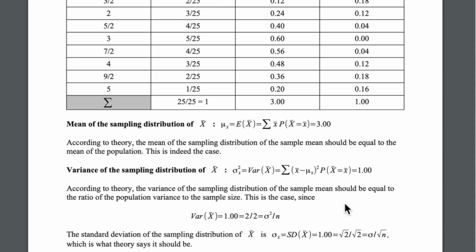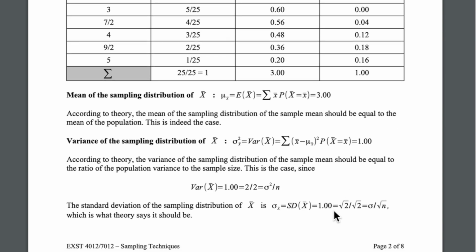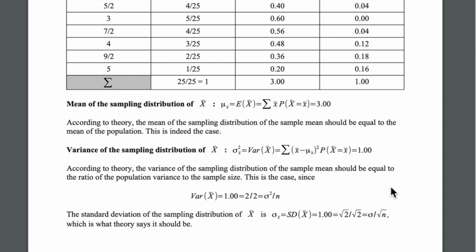Now, if the variance of the sampling distribution of X bar is 1, then the standard deviation, which is the square root of the variance, will be 1 as well. And the theory says that the standard deviation of the sampling distribution of the sample mean will be equal to the standard deviation of the population you're sampling from divided by the square root of the sample size.